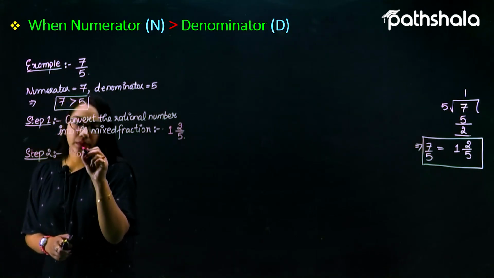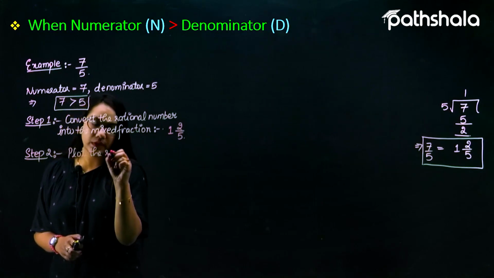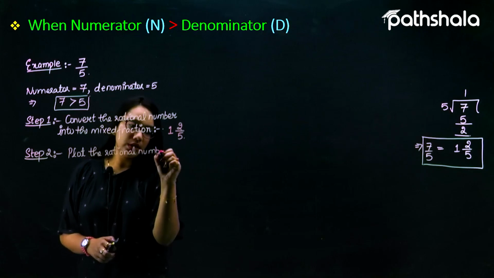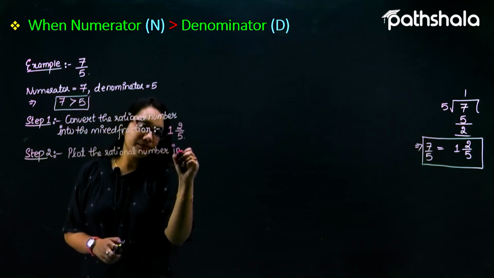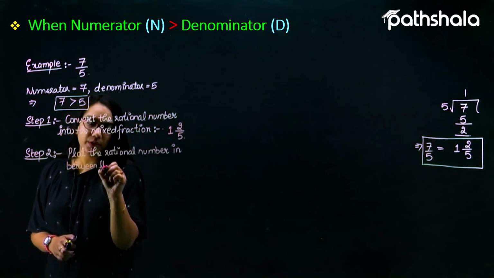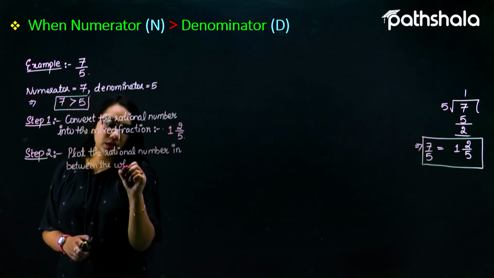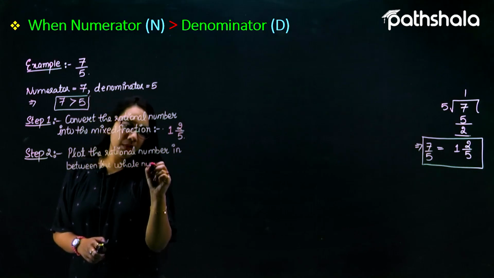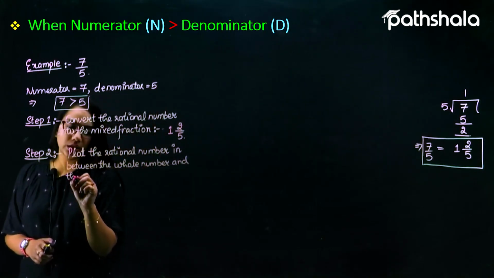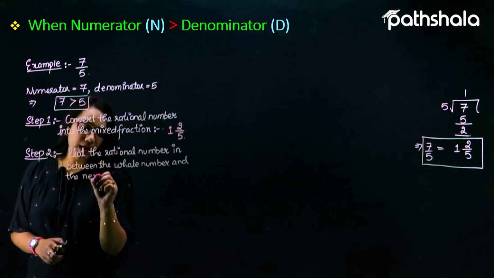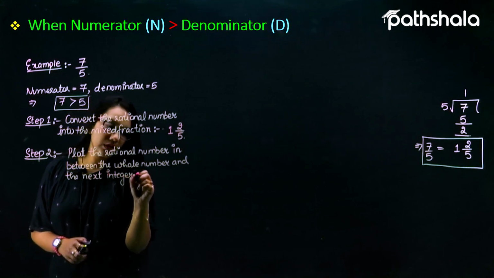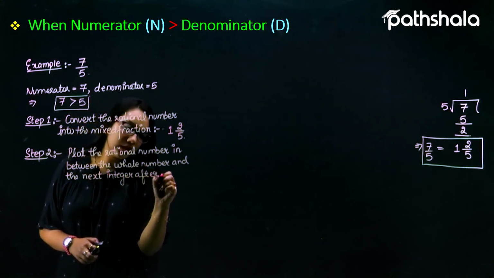plot the rational number in between the whole number and the next integer after it.